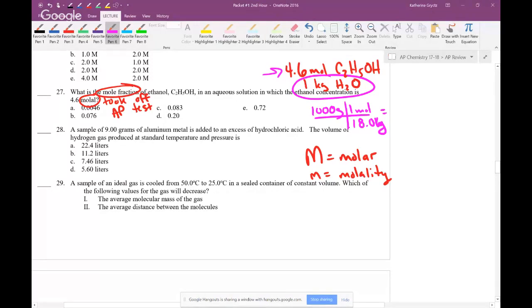I got 55.506. So then the mole fraction would be the part that they asked about, 4.6 over the whole, which would be combined, roughly around 60, right? Oh, wait. You do 4.6 divided by 55.5 plus 4.6. Yes, right.